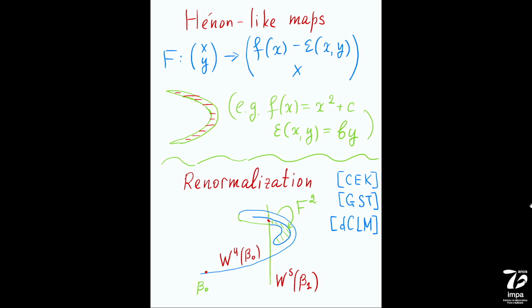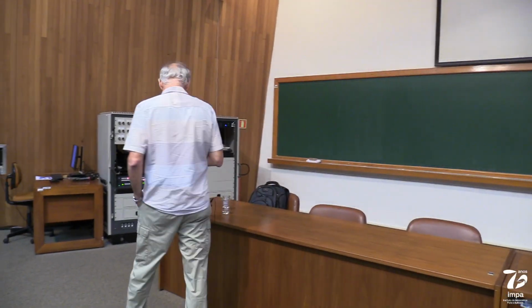Then there was this work also in the late 80s by Gambaudo, van Strien, and Charles Tresser, who observed that the odometer, this attractor in one dimension, survives small perturbations as long as the map is infinitely renormalizable. So if we keep the Henon map infinitely renormalizable, then the odometer survives.